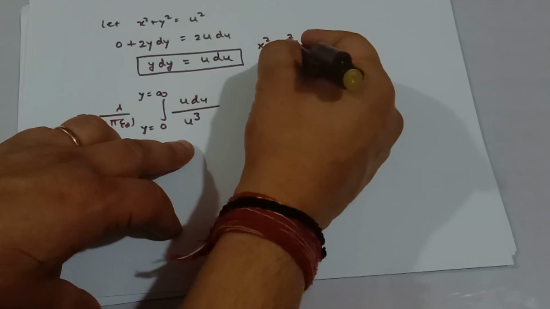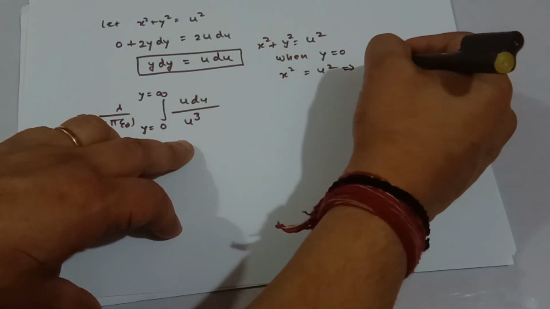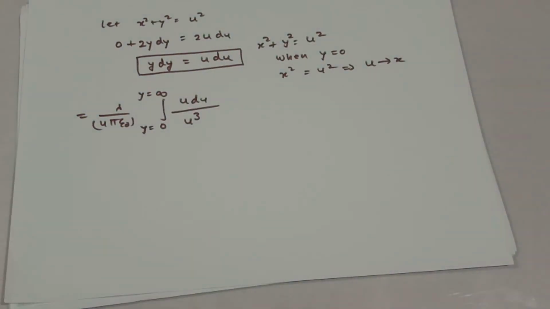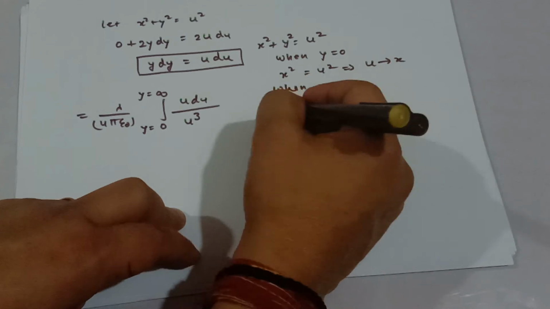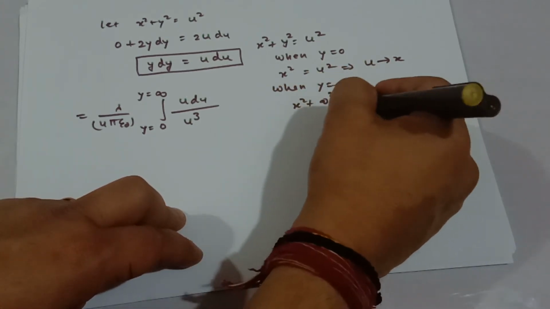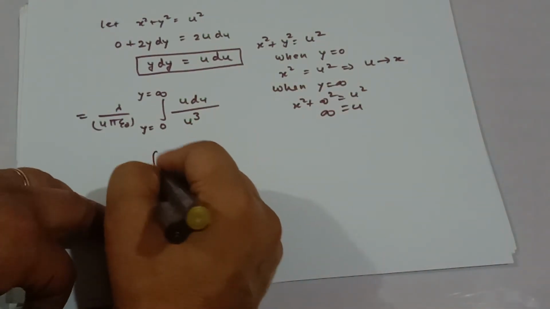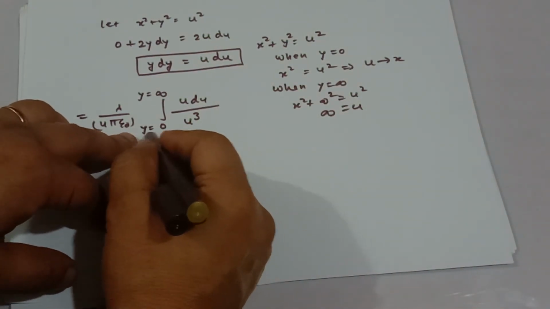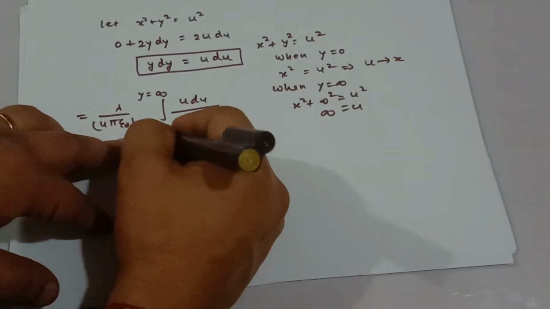When you put y as 0, x square is equal to u square, so u goes to x. And when y is infinity, then x square plus infinity square is equal to u square, so basically your u would be infinity, right? So the limit is from x to infinity, right?